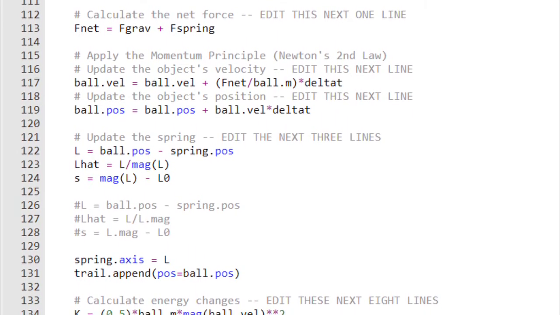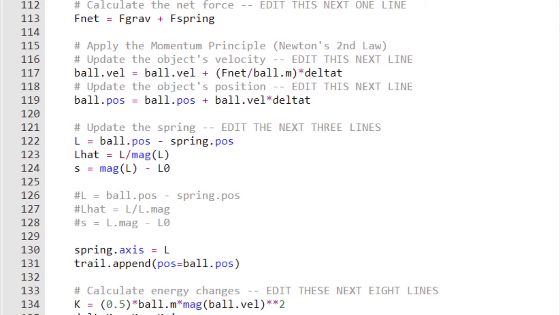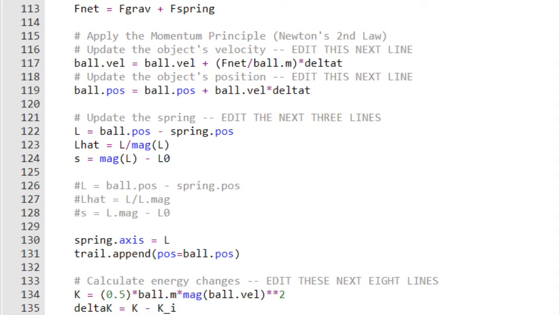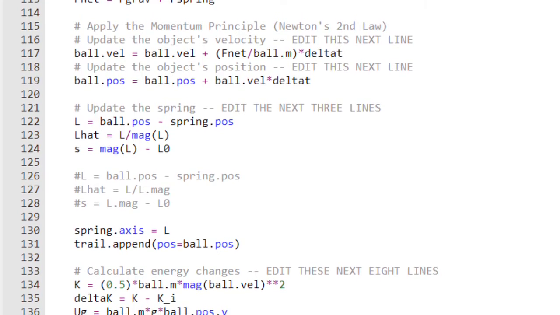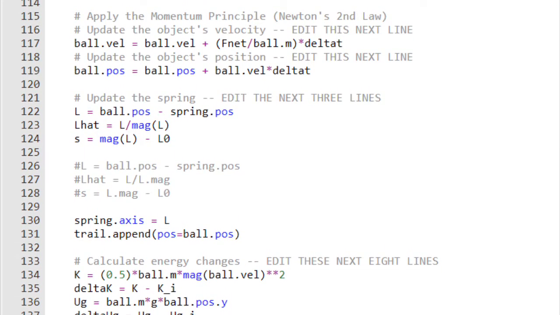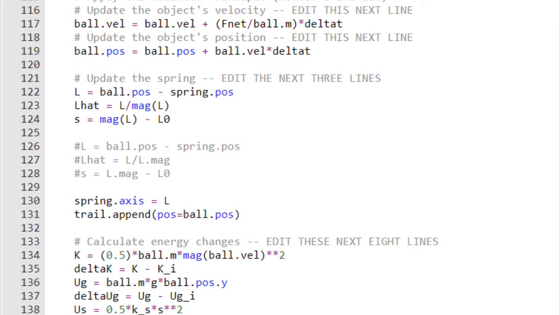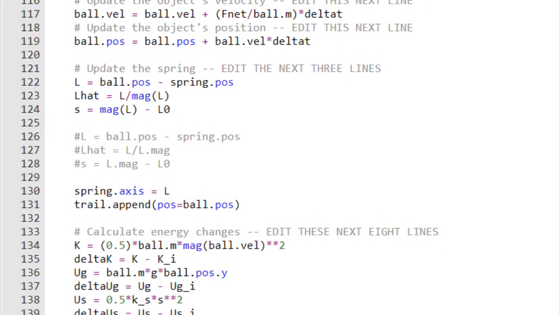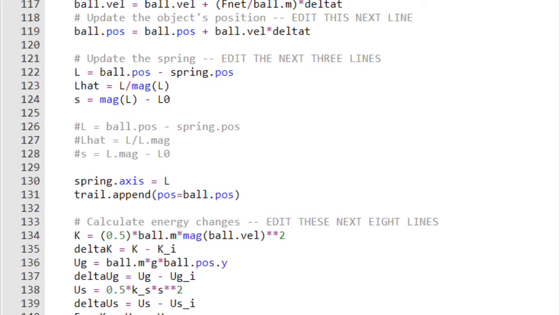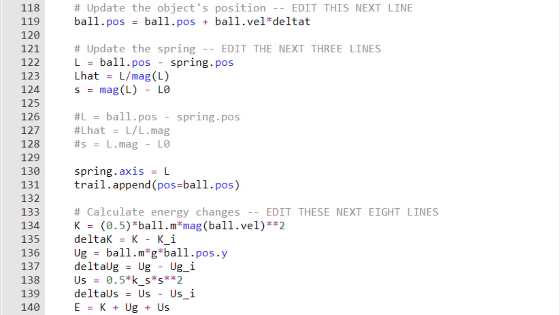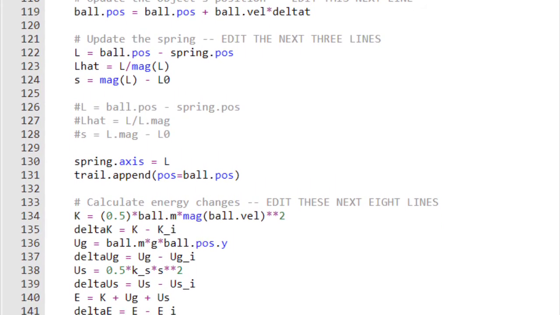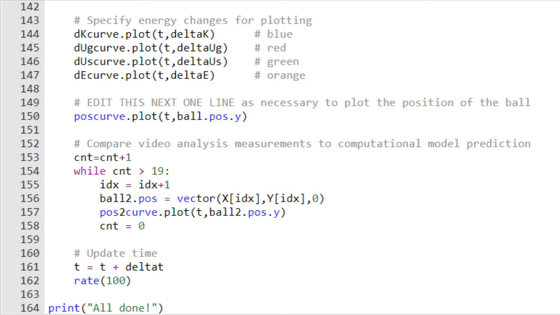We have to do the velocity update formula and the position update formula, which is part of Newton's second law, which is velocity plus F net over mass times delta t for velocity. And then we go on to do more of the K, which is kinetic energy, and potential energy, all for while it changes.